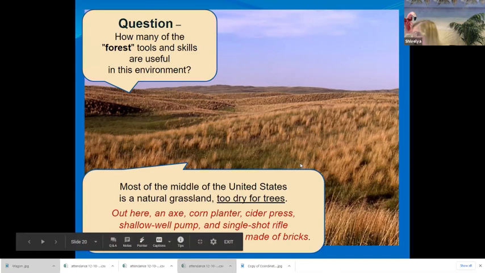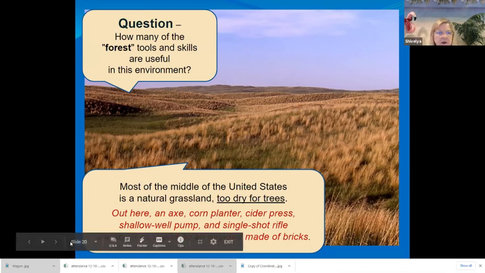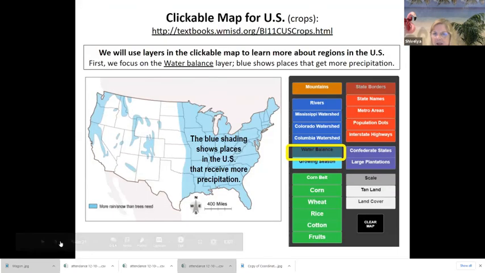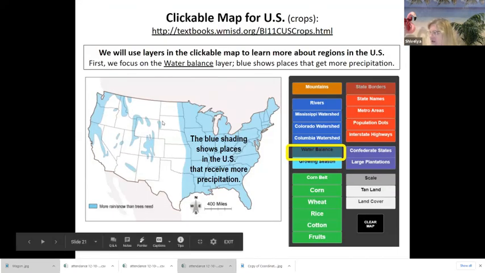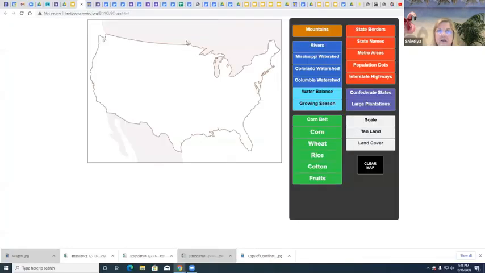So then after we're done with this, we start looking at the climate conditions in the United States here. And we do have the clickable map. There's several clickable maps in this unit.